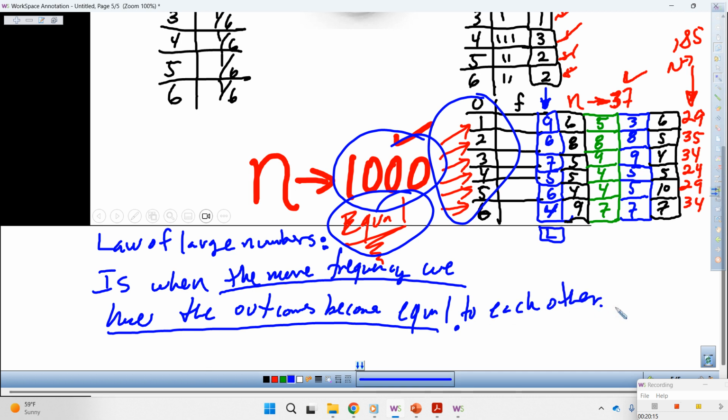Hands up if you agree with that? Yeah, because they're starting to balance out on all of these.